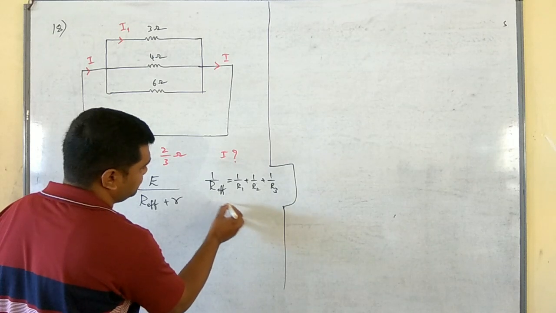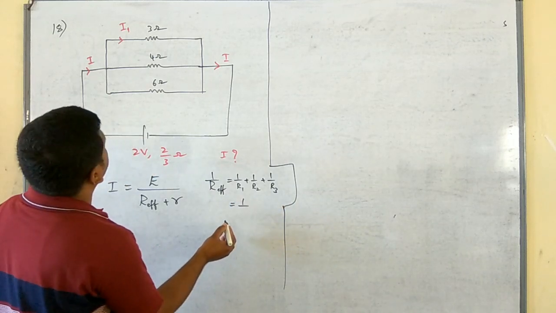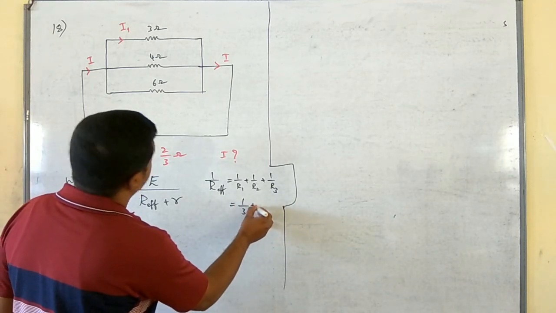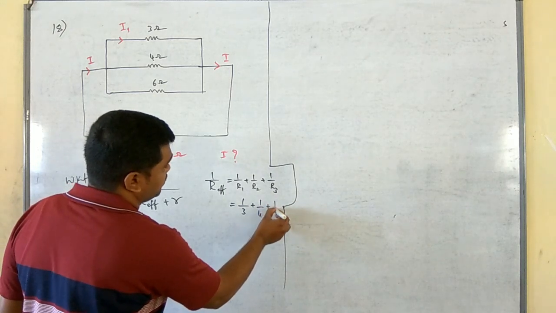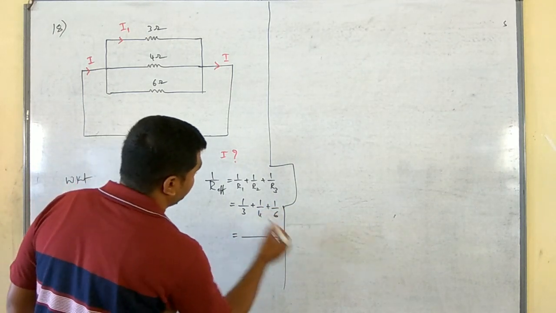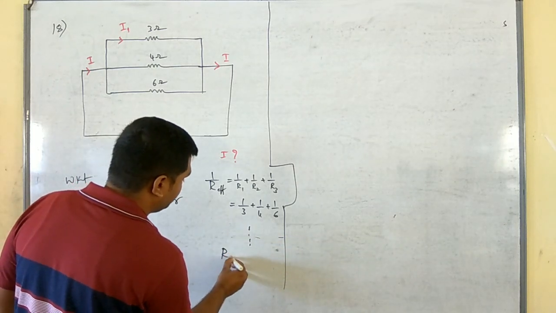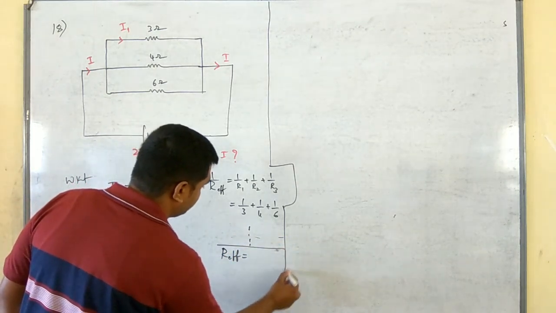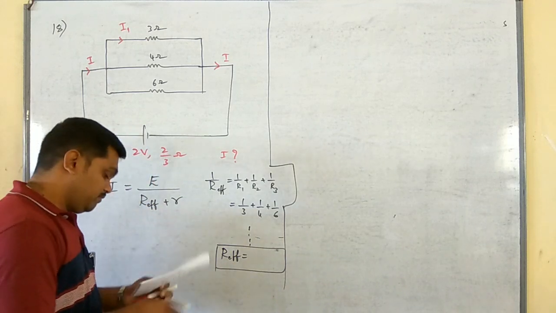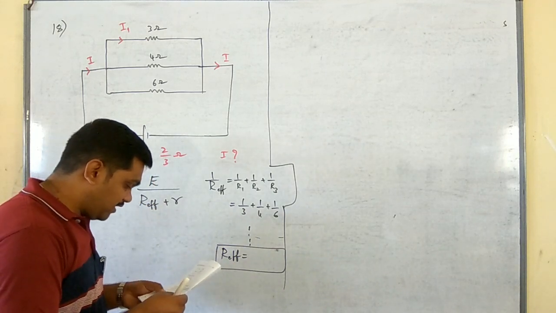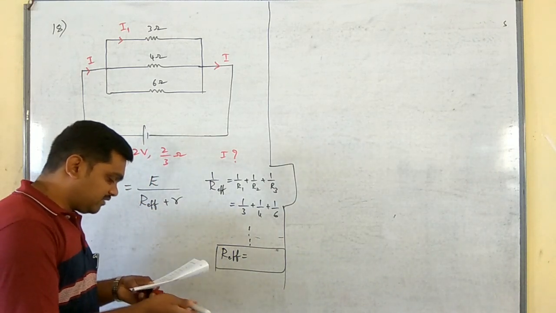It gives you 1 by 3 plus 1 by 4 plus 1 by 6. So solve yourself, and I will give the value of R effective. You have to get the value of R effective as 4 by 3.